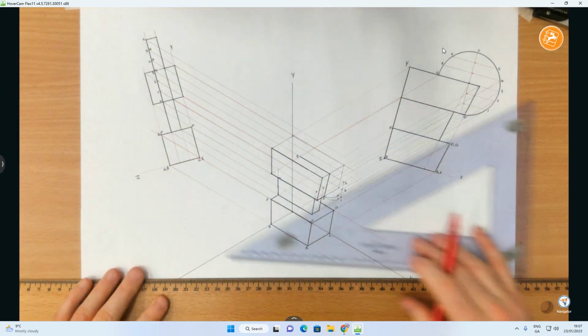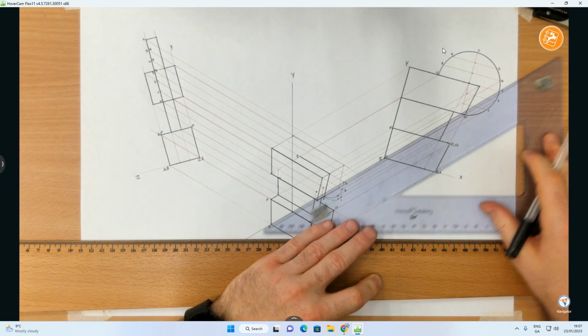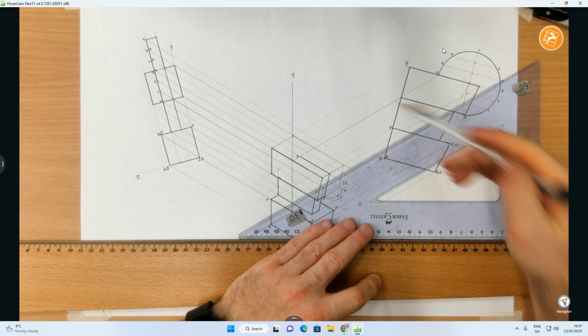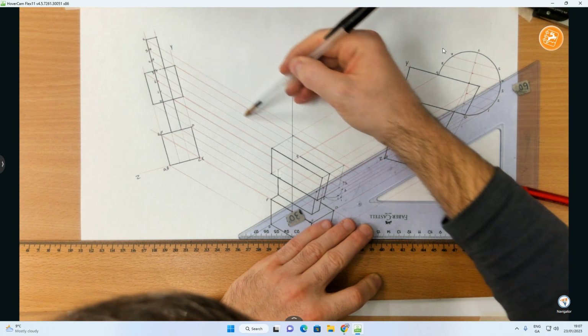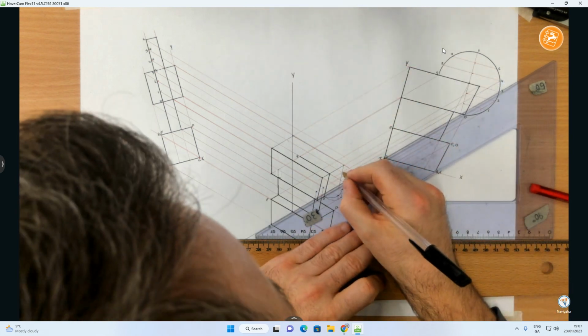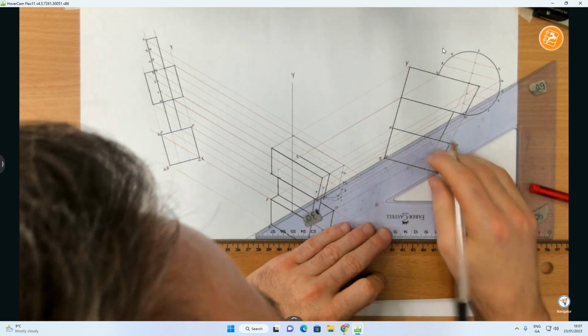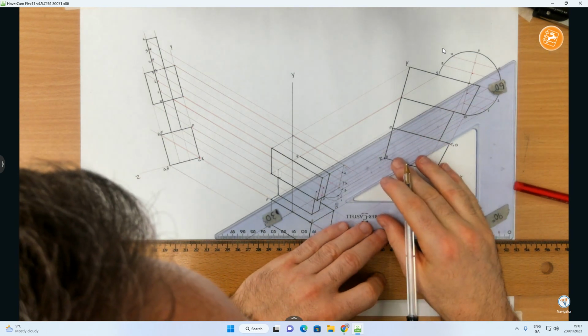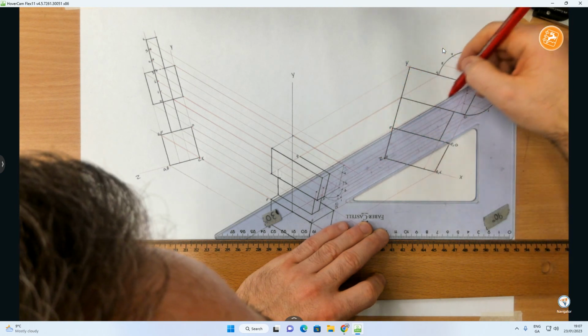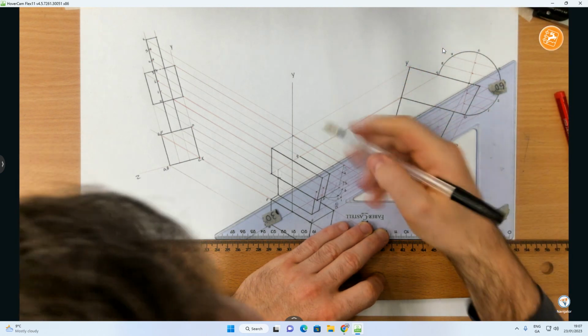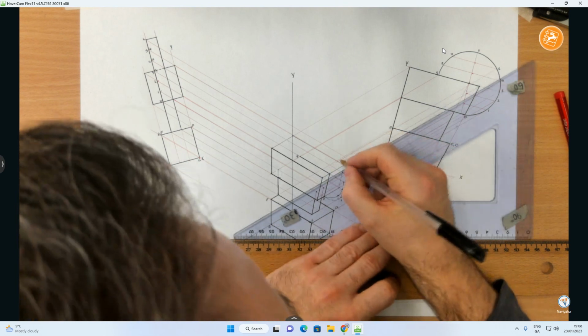Okay, so now I want to find number 4, first of all. Number 4 comes down along this line. So there's number 4. Now I want to find number 5. 5 is along this line. Yeah, there's number 5.